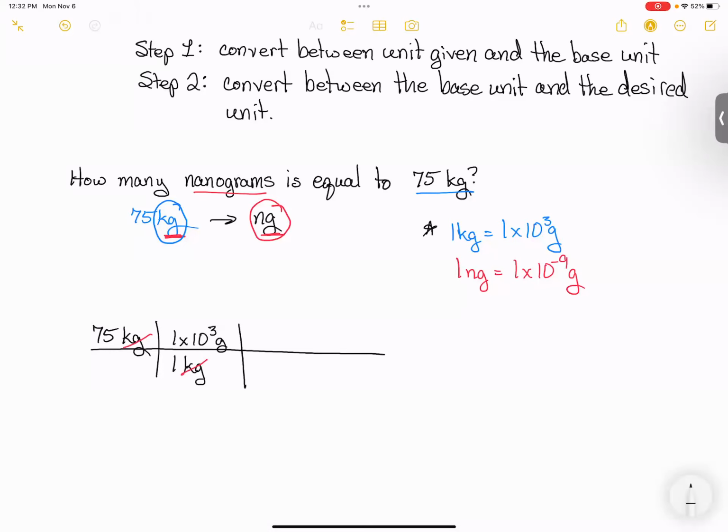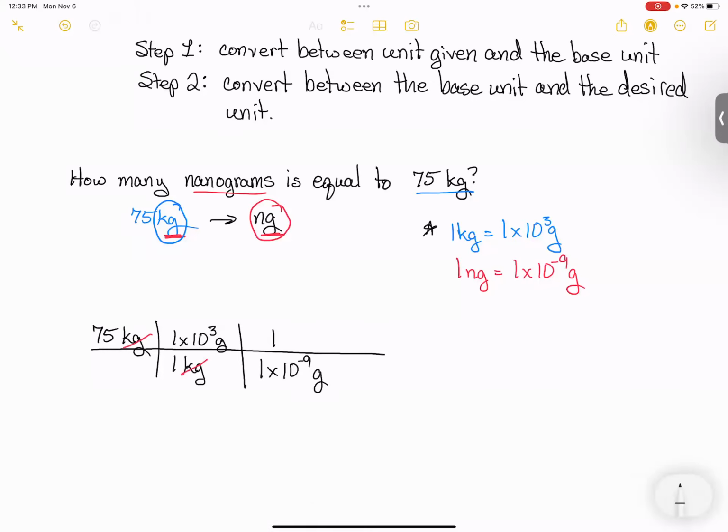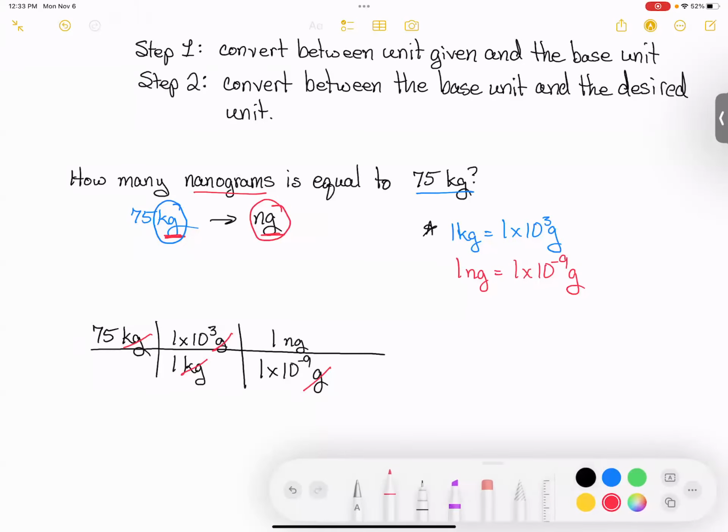Now you're going to use your second conversion. And the gram portion has to go into the denominator. So 1 times 10 to the minus 9 grams is equal to 1 nanogram. The gram portion went into the denominator so that the units canceled.